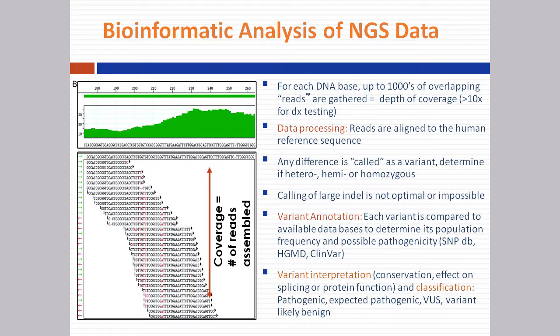How is it conserved through evolution? And does it affect splicing, and any other predictions we can make to classify whether or not a variant might be pathogenic and causing a disease, or more likely be benign, or some things that we simply cannot classify, we can't be sure. And those calls we call variants of unknown significance, or VUS for short.